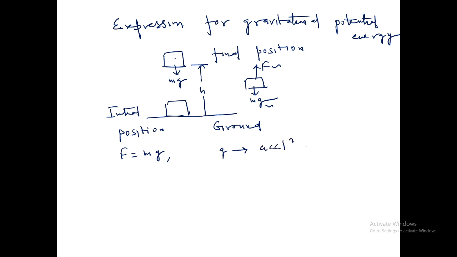Acceleration due to gravity. Okay. So as the distance moved is in the direction of the applied force, work is said to be done. The object gains energy equal to the work done on it.